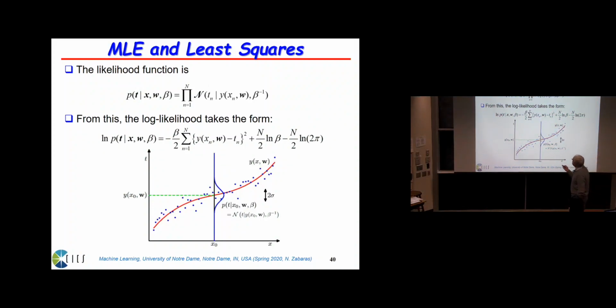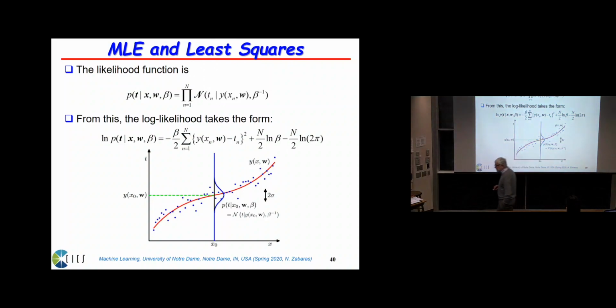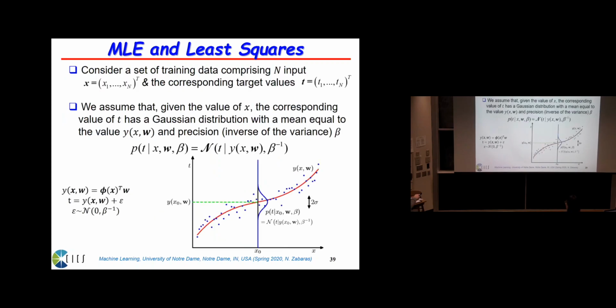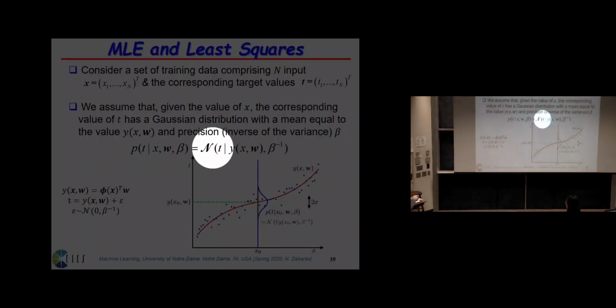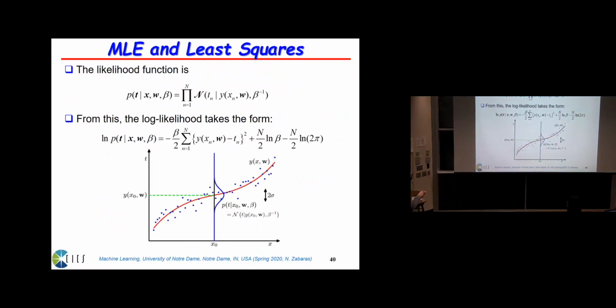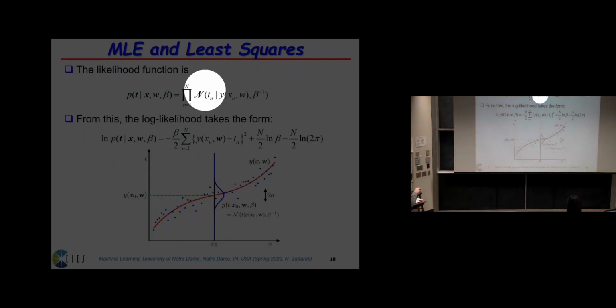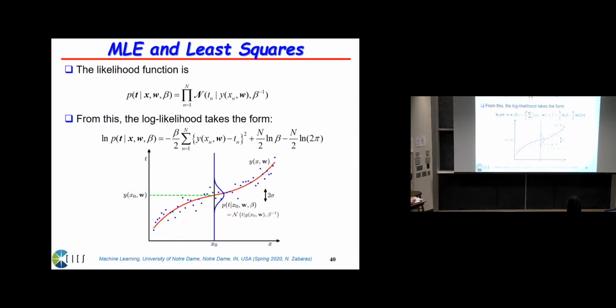I want you to look at the equation on the top and agree that this is basically the likelihood of our model. Because already, on the previous slide, I told you that the response at a given x is this Gaussian. Now I have given you n points xn where the response is tn, so the likelihood of the model is the product of these Gaussians.